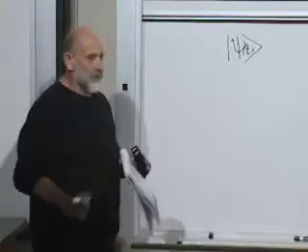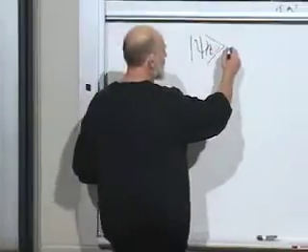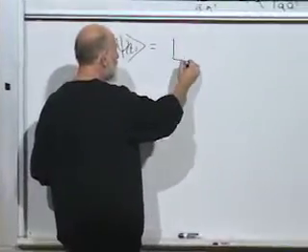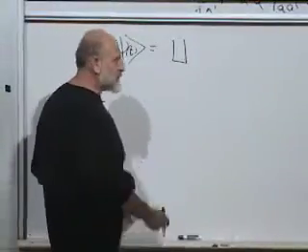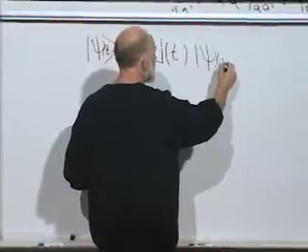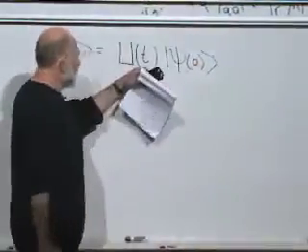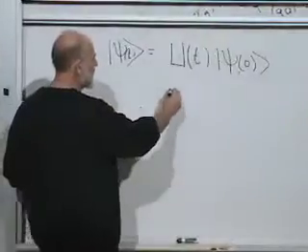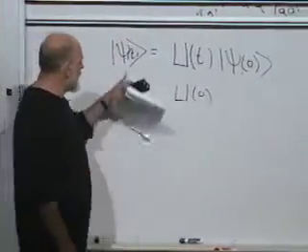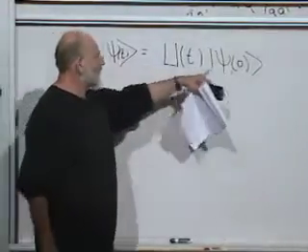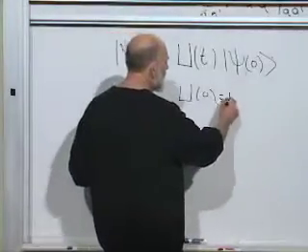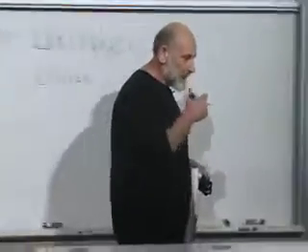This can be summarized very easily by saying that psi of t is always equal to some linear operator, I'm going to call it U, which is a function of time, times psi of 0. What is U of 0? It's 1. The state psi at time 0 is just equal to the state psi at time equal to 0. So whatever U is, it's equal to 1 when t is equal to 0.